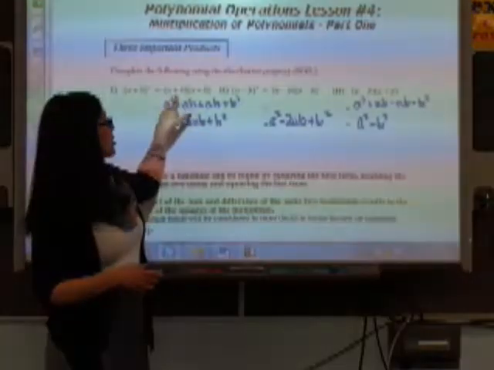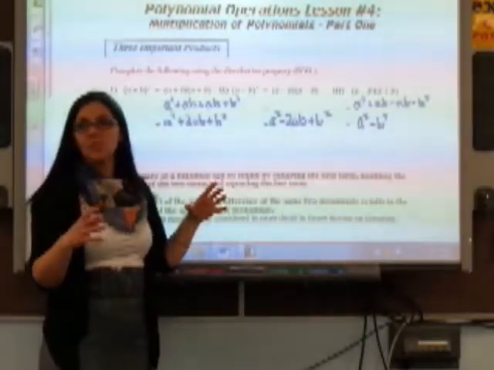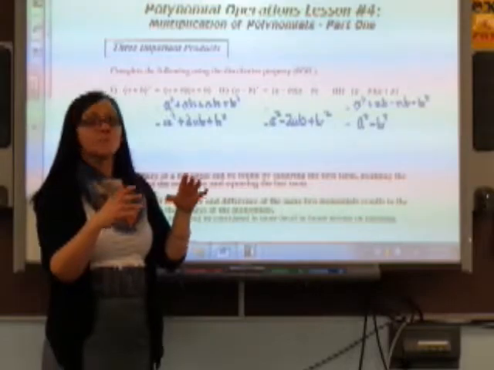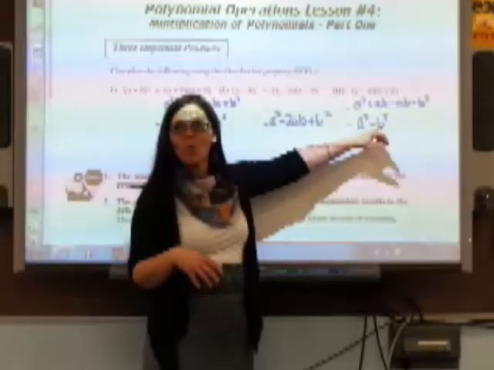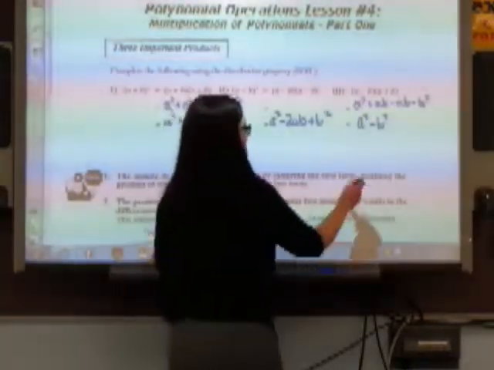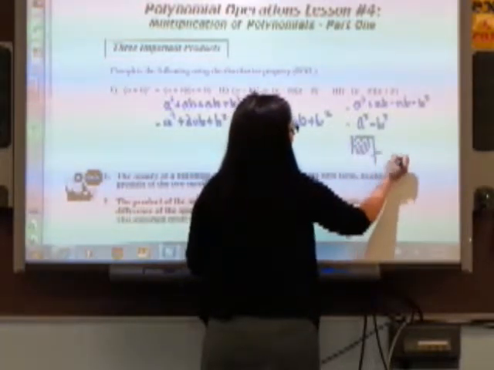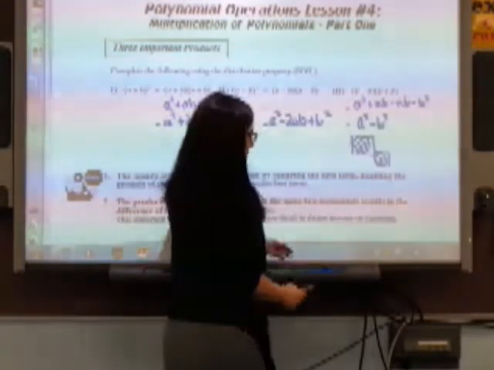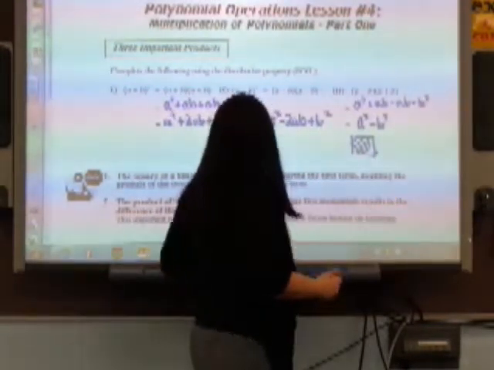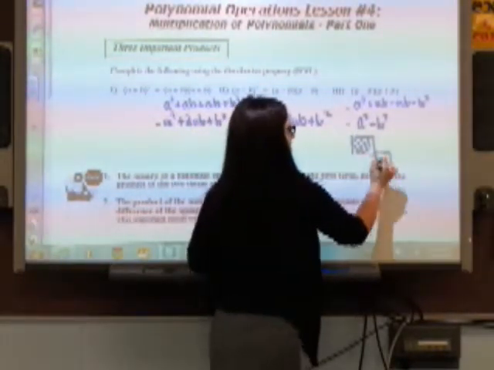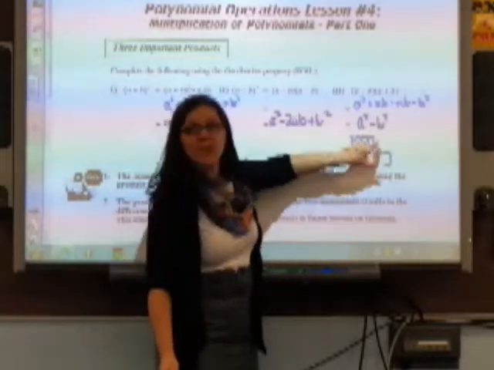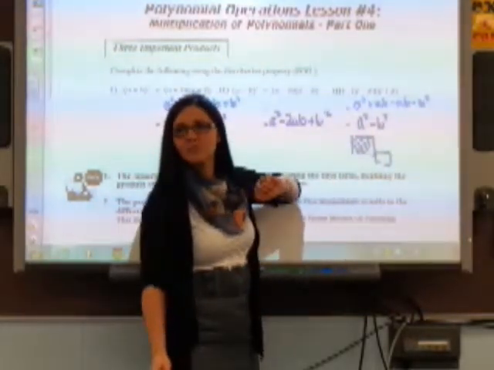Because if I were to multiply these out using my algebra tiles, I would get a square. If I multiply this out with my algebra tiles, what I get is a square like this, and then I get a smaller square, oops, that would be shaded, because the terms that are here would cancel each other out.